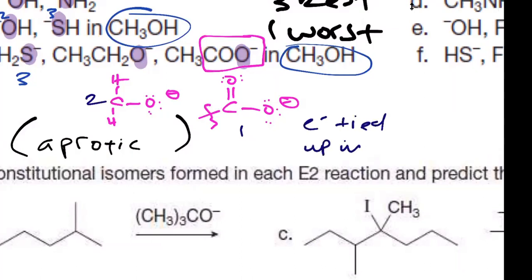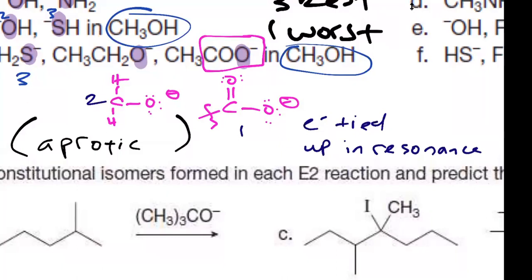If they're in resonance, you can't readily donate them. So that makes that a worse nucleophile than the alkoxy nucleophile to the left of it. Does that make sense?